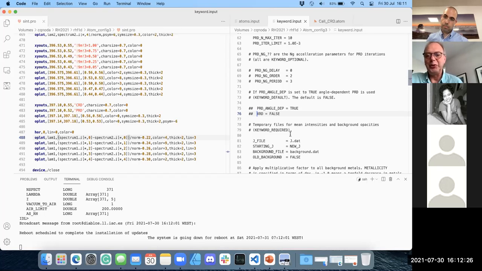You cannot reproduce solar profiles. For calcium H and K at line center, it's not that clear. It's only very clear and obvious when you go towards the limb. There you really see that CRD is a completely wrong approximation. For magnesium h and k, it is immediately clear at line center.